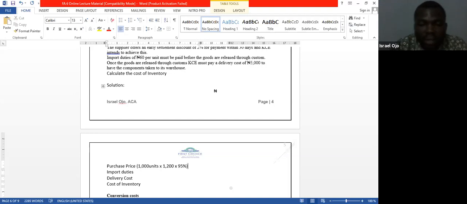Well, this is what I'm saying: instead of doing it this way, you can do this and put another bracket, 1,200 minus bracket 1,200 times 5%. But if you do it this way, you are correct. It's just a long way. Okay, but let's go back to the previous one.